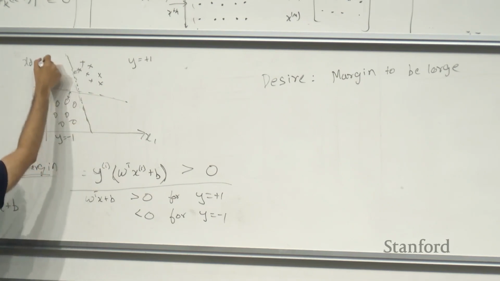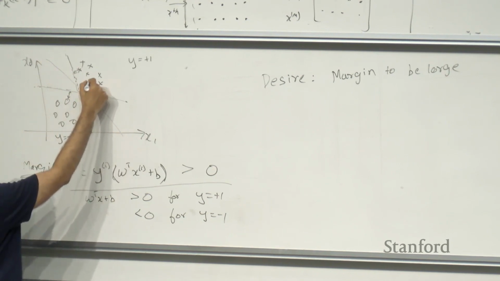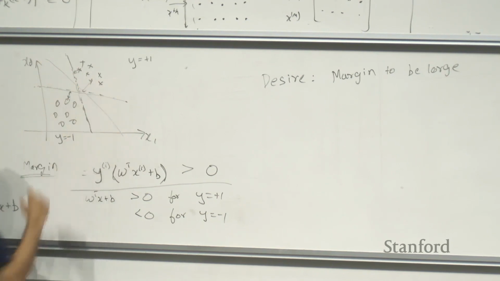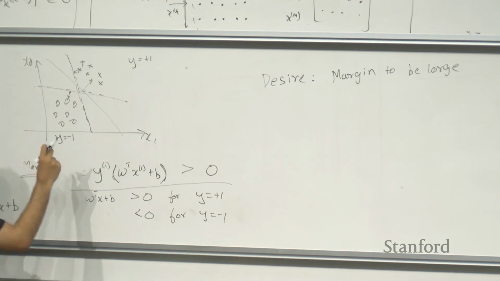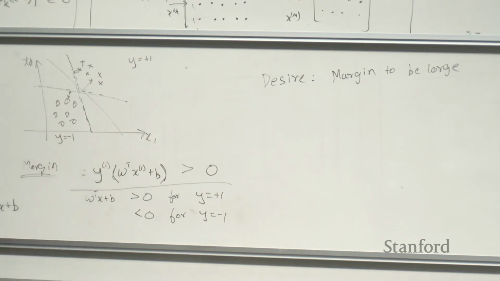And for this hyperplane, the smallest margin is probably here. And we want to choose the hyperplane that gives us the largest smallest margin. So calculate the smallest margin and choose the hyperplane for which the smallest margin is the largest. And that's the intuition behind a support vector machine.